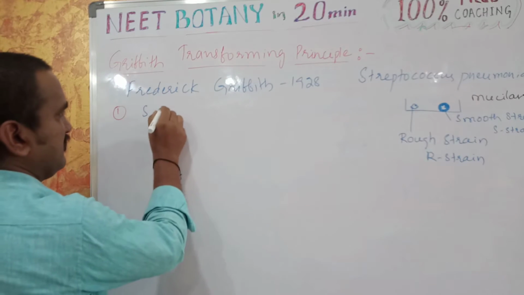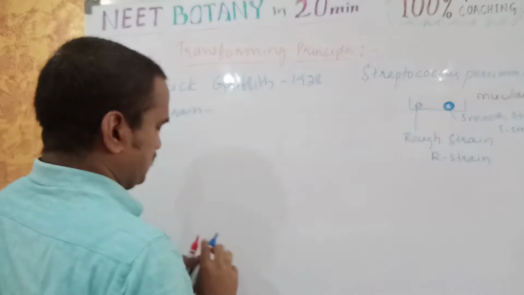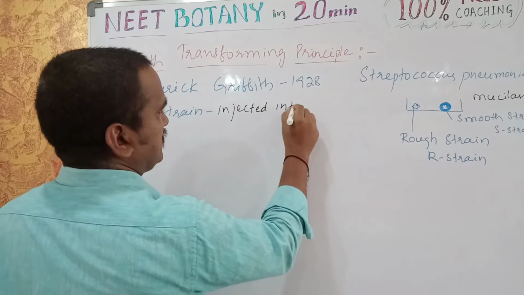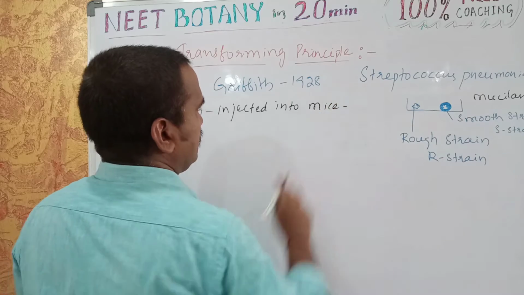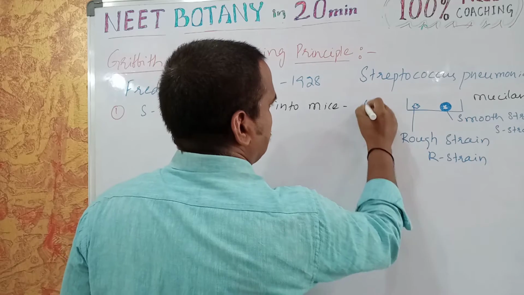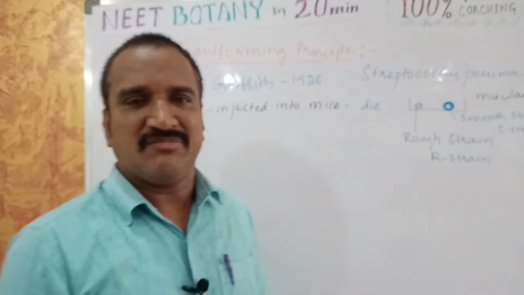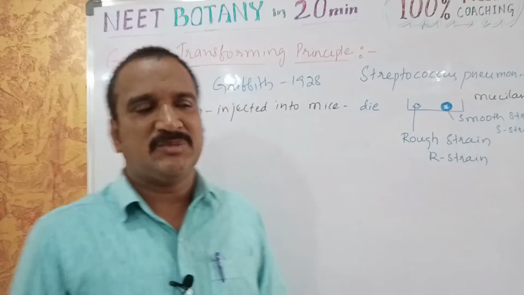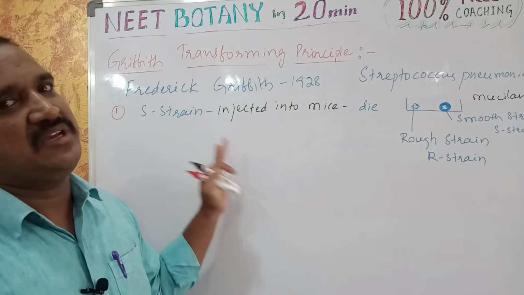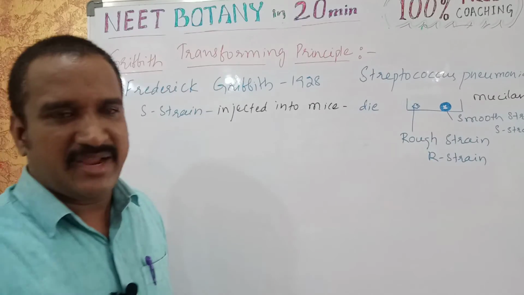When the S strain was injected into mice, the mice died. When the strain enters the mice, the mice produce digesting enzymes, but the strain has the extra mucilage coat, so it is protected from the enzymes, attacks the organs of the mice, and finally the mice die.